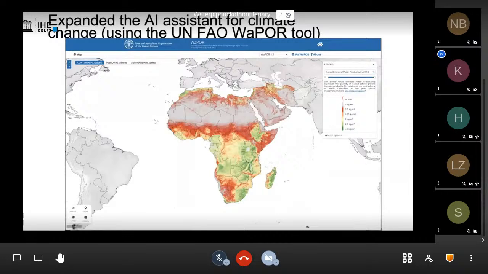WaPOR is an extremely well-developed investment, primarily by the Dutch government, into UN-FAO in order to leverage tools from Earth observations to enable better water use on the continent of Africa and the Middle East. Originally intended for irrigation systems, but the way the Plant Village looks at this is that 94% of African farmers, and there's hundreds of millions of those, 94% of them rely upon rain-fed systems.